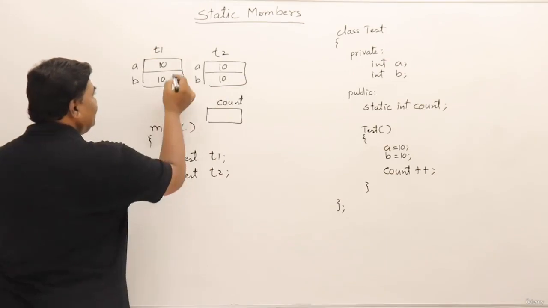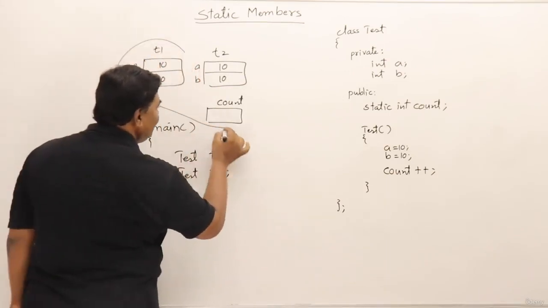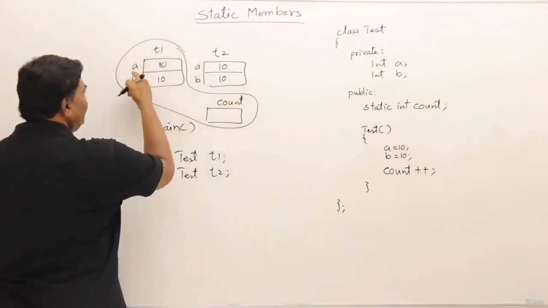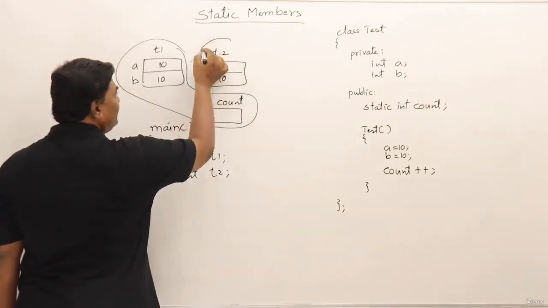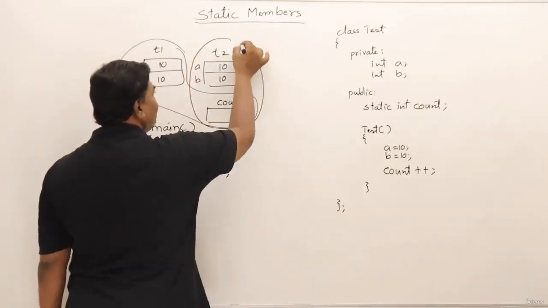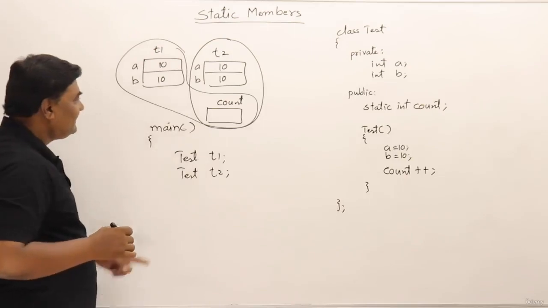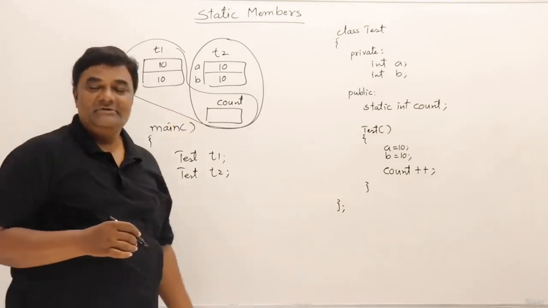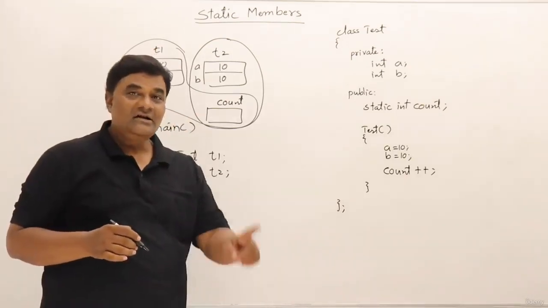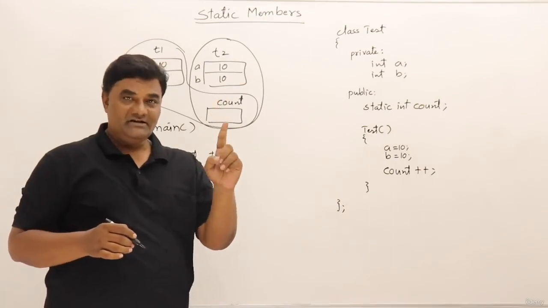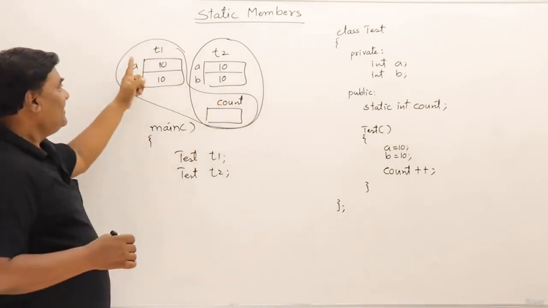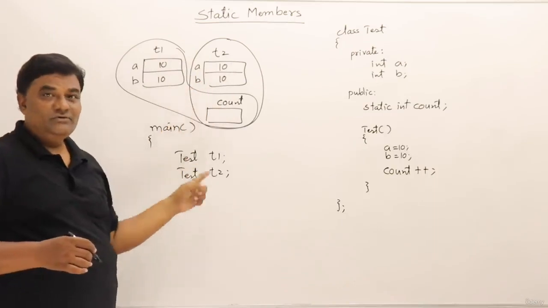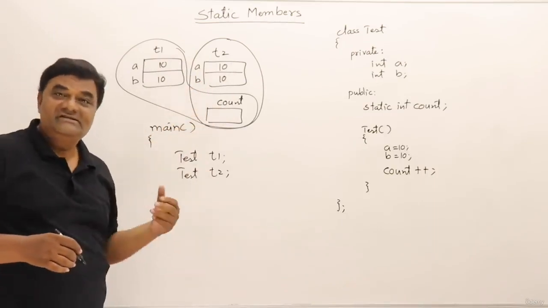This is count. T1 has A, B and count, and T2 also has A, B and count. So how many times is the count variable allocated memory? Only one time memory is allocated, and that is shared by both objects T1 and T2. Both of them will use the same count.